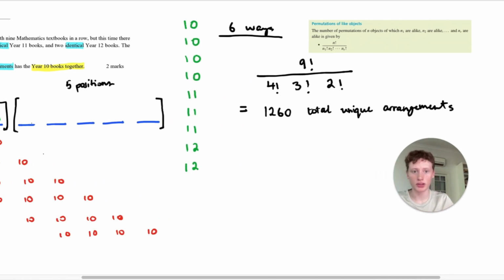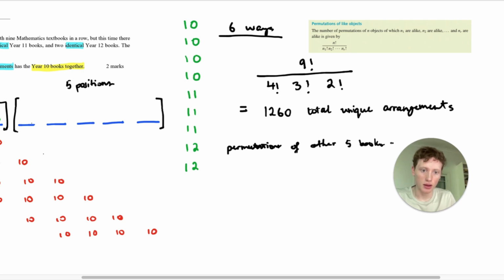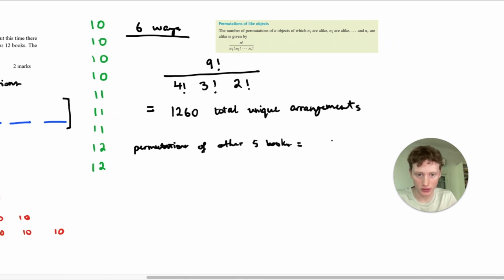We're going to be using the exact same formula here, based on the assumption that identical books are like objects. What that will look like is, we'll label it this time, permutations of the other 5 books is going to equal 5 factorial, because that's the number of positions we're trying to fill, but with the restriction that 3 of these books are the exact same, and 2 of these books are the exact same in a different category.